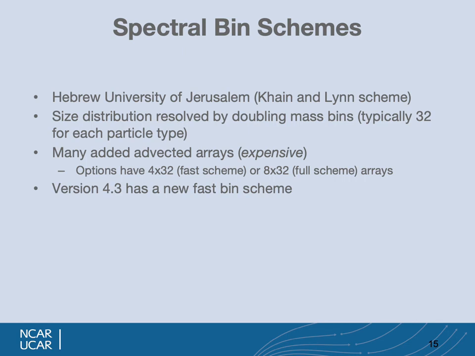And in version 4.3 now we have a new fast bin scheme. These schemes have 4 particle types with 32 sizes, or 8, depending on whether it's the fast scheme or the full scheme. The full scheme, the added variables are different shapes of ice crystals.